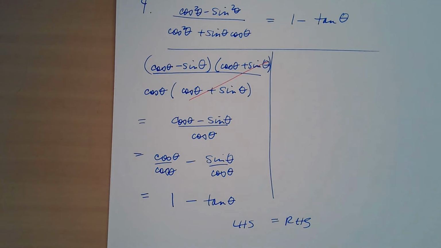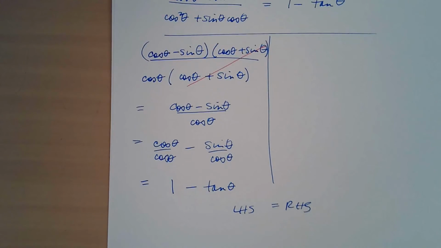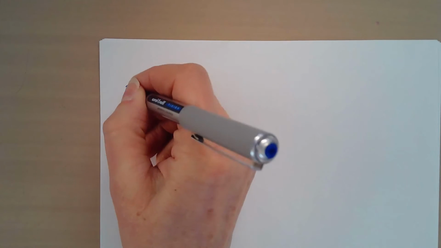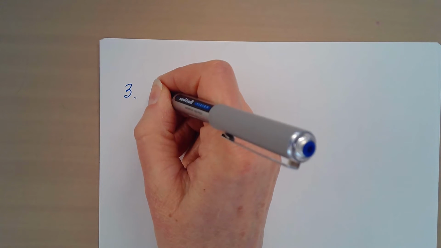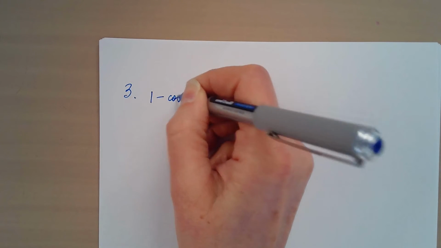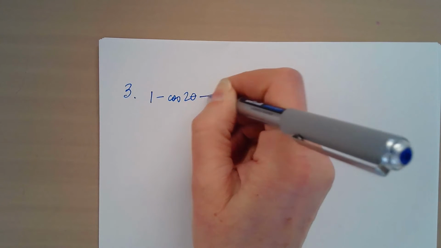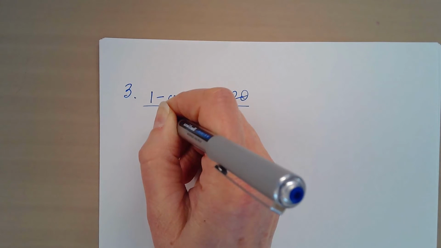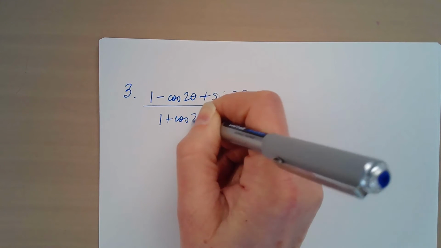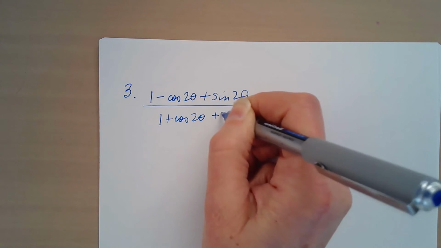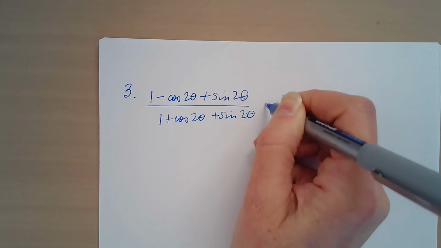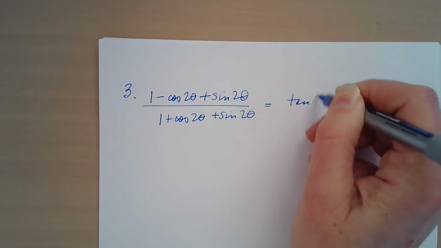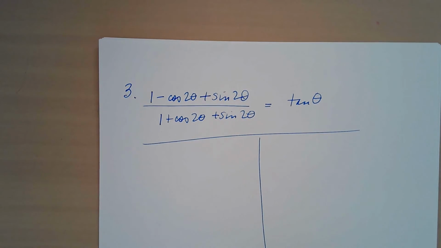I think this is an example of one of those ones that gets really big before it. Okay, so I'm looking for help here. How did anyone approach number 3?